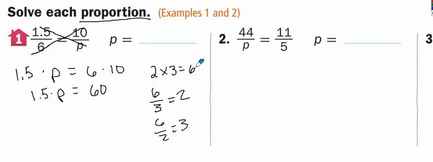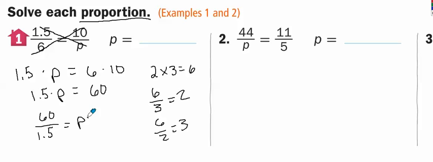So we can use the product and what we call our multiplicand and multiplier to find the missing number. Take this idea and apply it over here. If 1.5 times p is equal to 60, then we know that 60 divided by 1.5 is going to equal p. So this is what we're looking for.